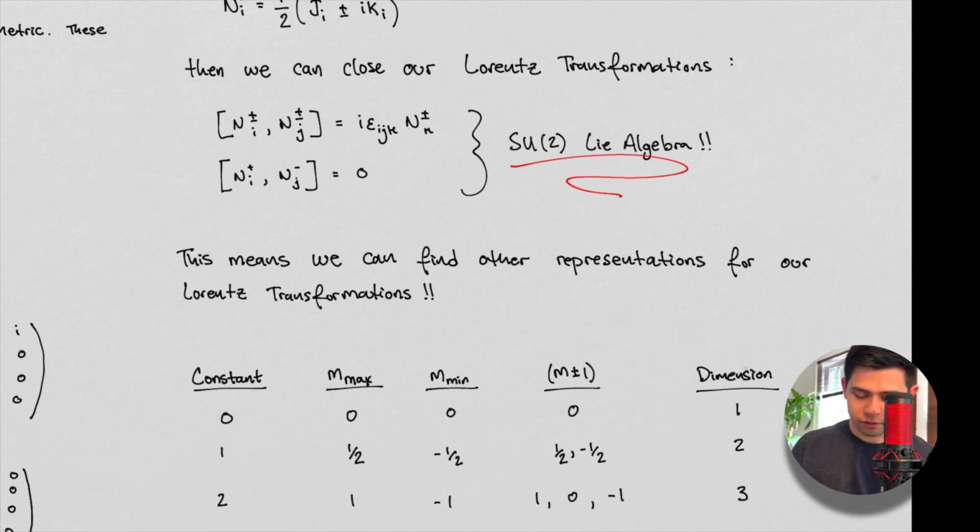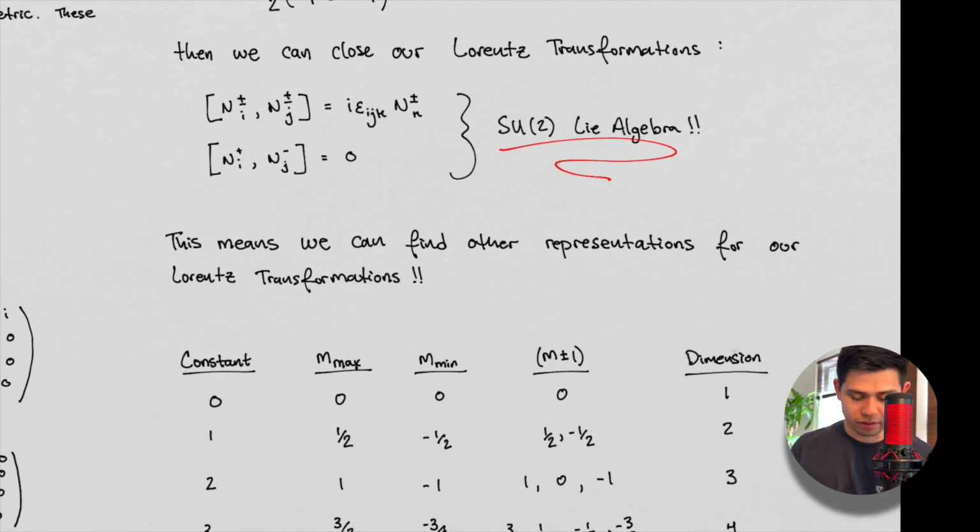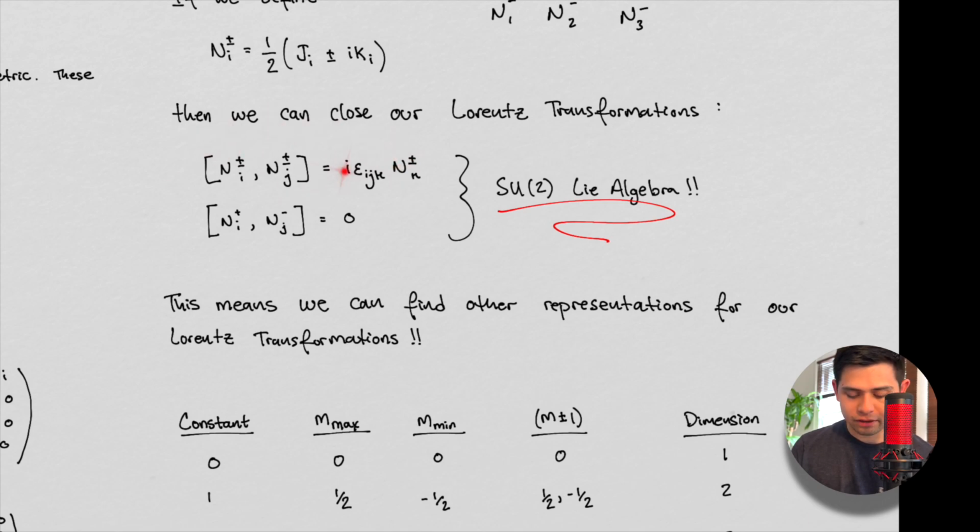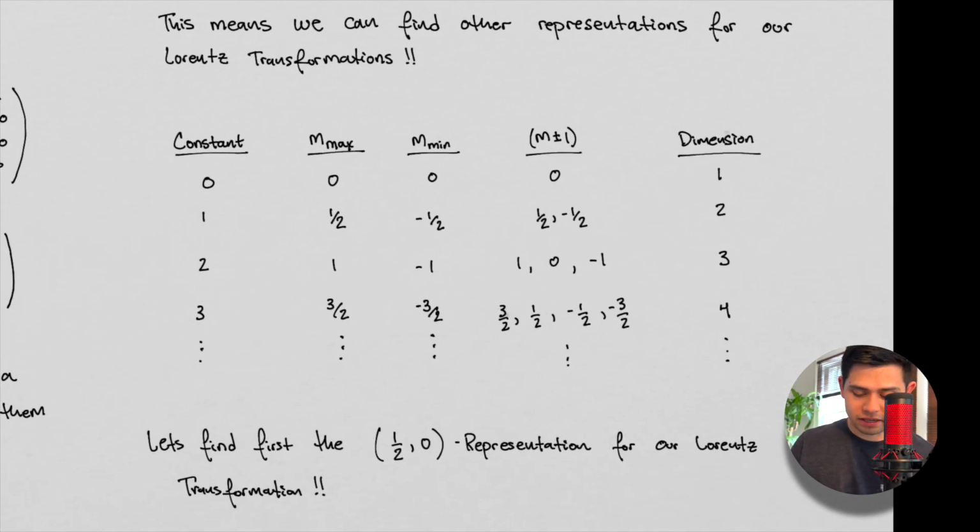This means we can find other representations for our Lorentz transformation, right? Because if we could find any group of matrices that obey this rule, then what's stopping us from thinking that those other matrices also are Lorentz transformations? So that's the mindset we want to have here.